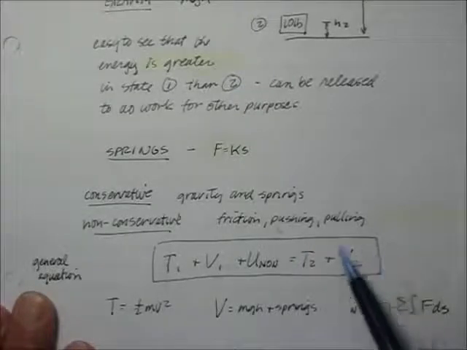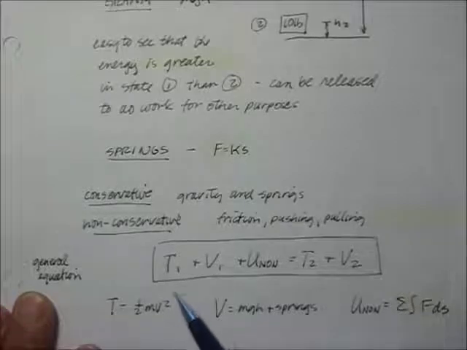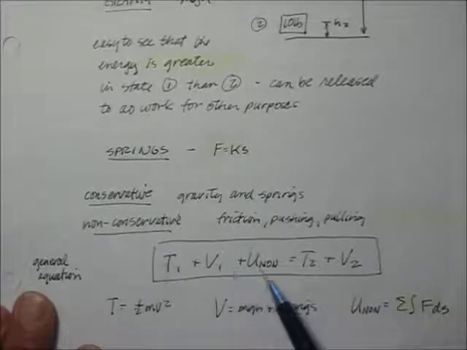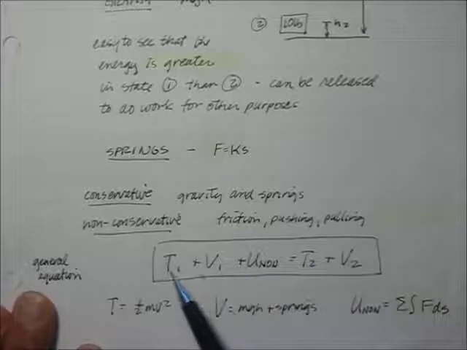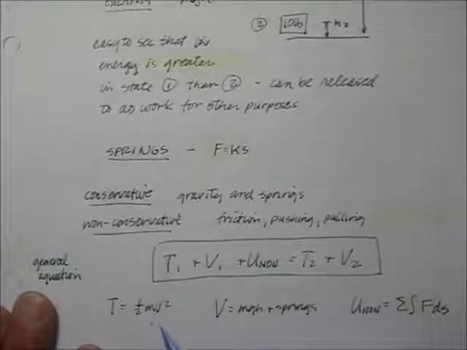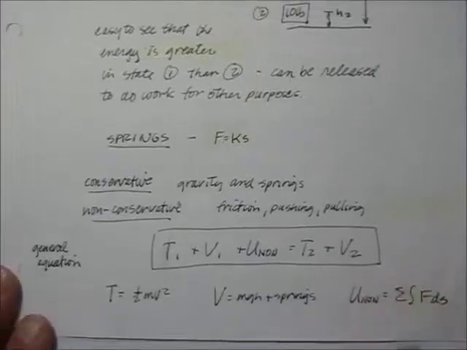Which gives us our general equation: T1 plus V1 plus U non, and what I mean here is the work due to non-conservative forces, is equal to T2 plus V2. Again, T is kinetic energy, which we call 1/2 mv².